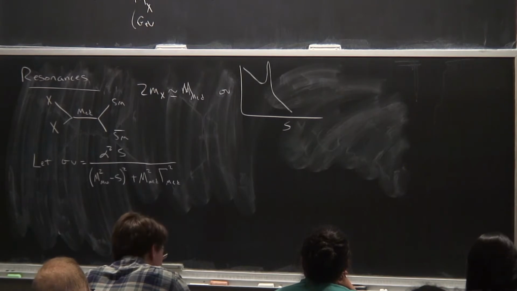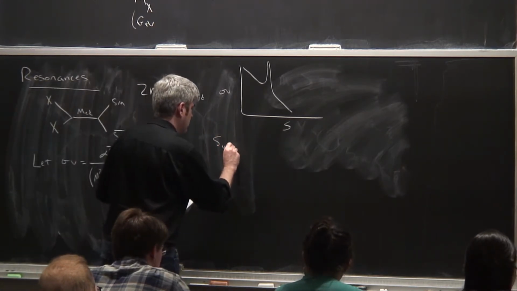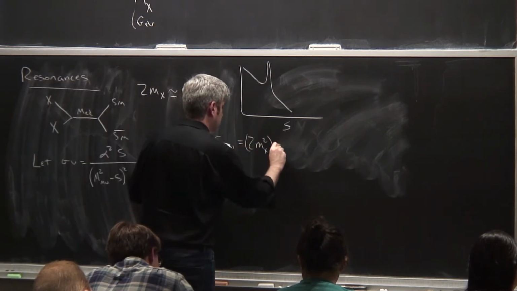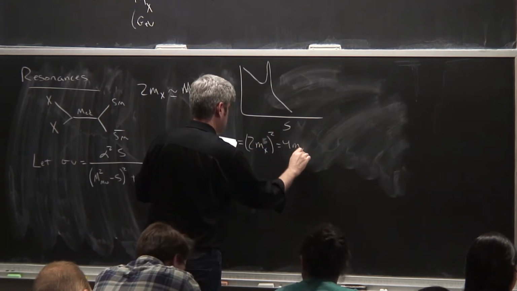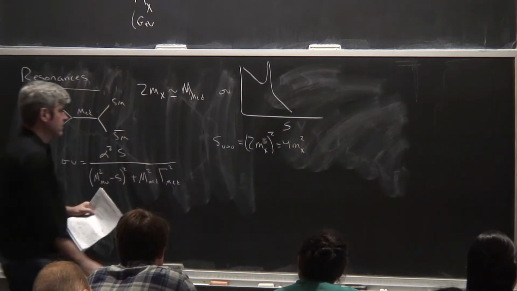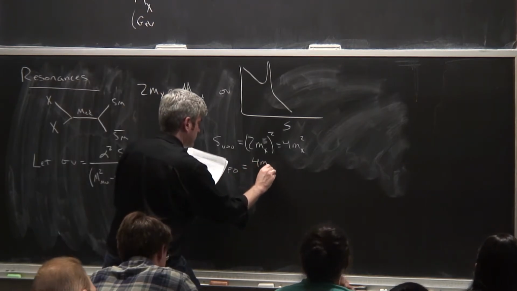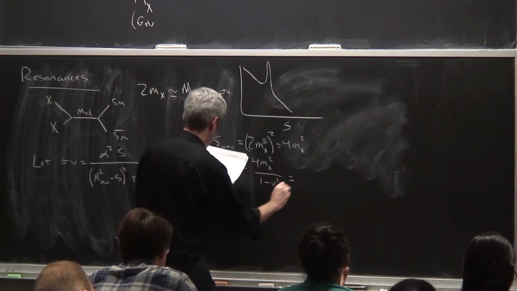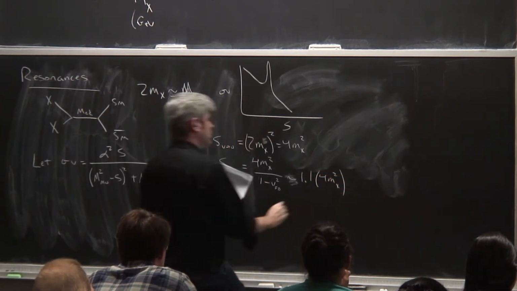It's going to fall with S with a big spike at the resonance. The value of S at low velocities is just four m_x squared. And the value of S at freeze out will be about 10% higher.